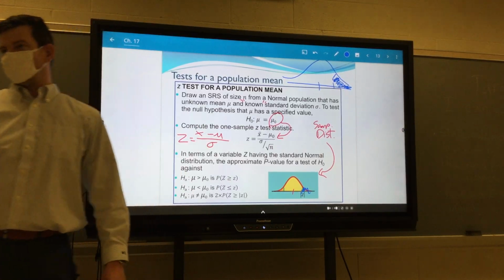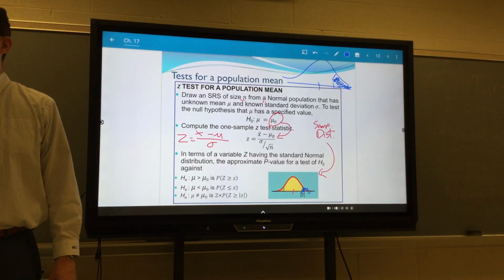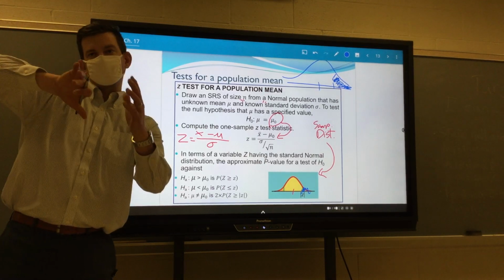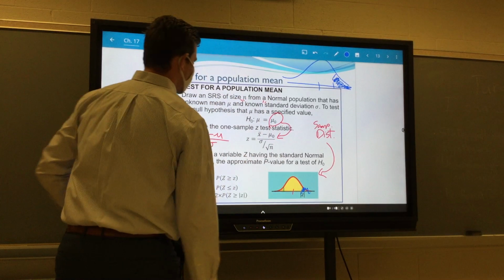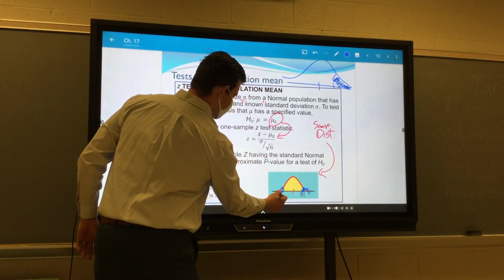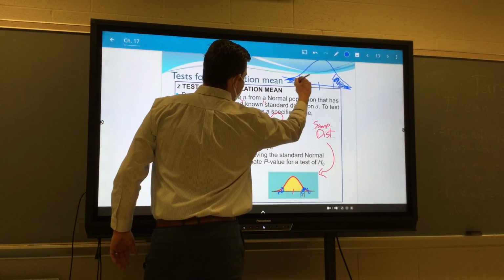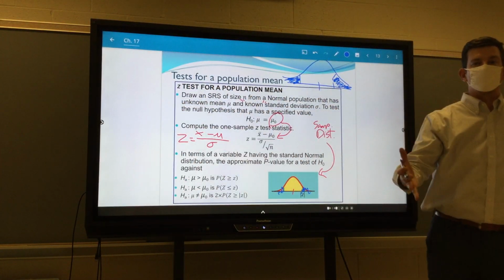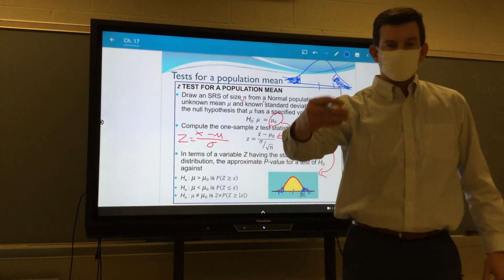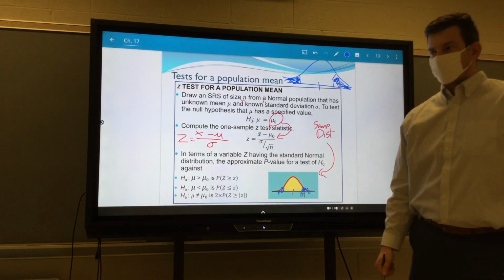We got negative 1.02. What's the probability that it's there or lower in the negative direction? We would have a tail on this side. We can get these probabilities from our z-score chart or from the calculator or from GeoGebra.